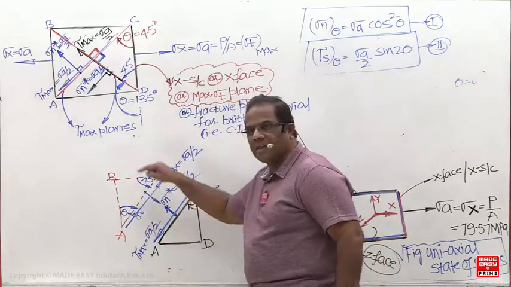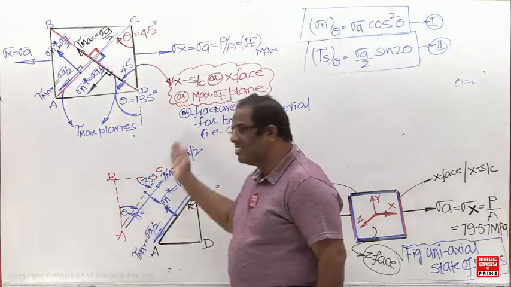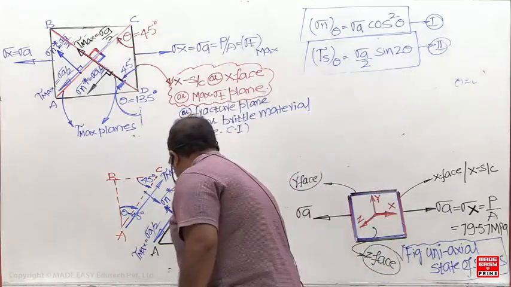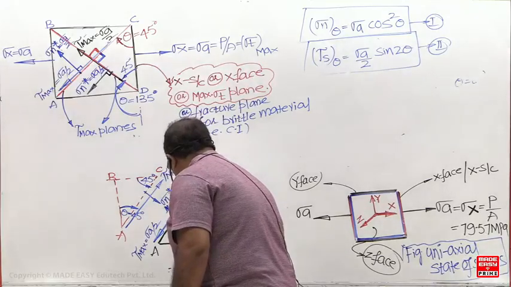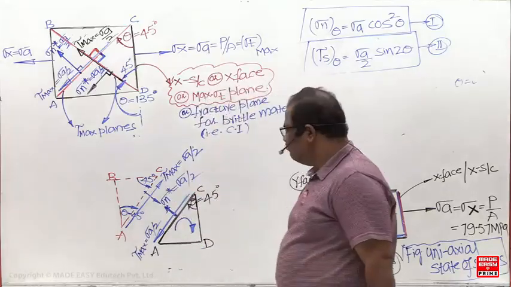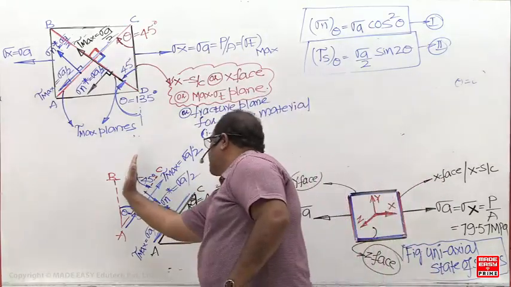This downward and this upward, these two will form a couple in which direction? Clockwise. This is downward and this upward, they are going to form a couple in what direction? Clockwise. That's why you call this a clockwise direction. Now this is tensile, this is tensile.